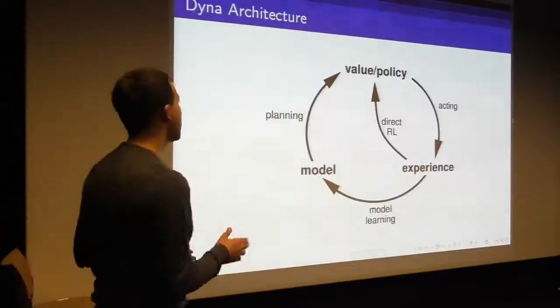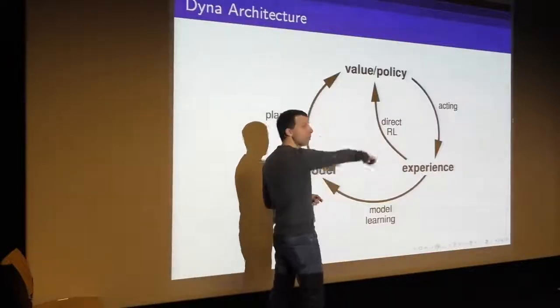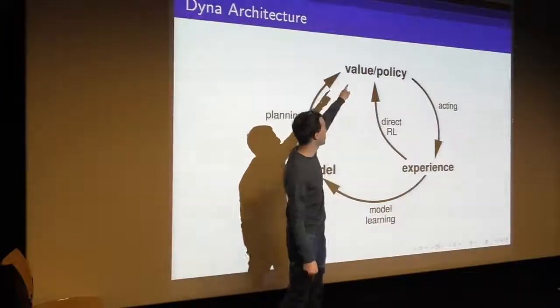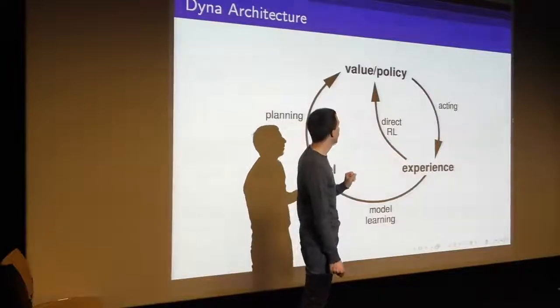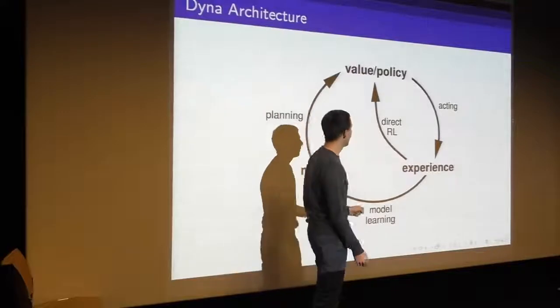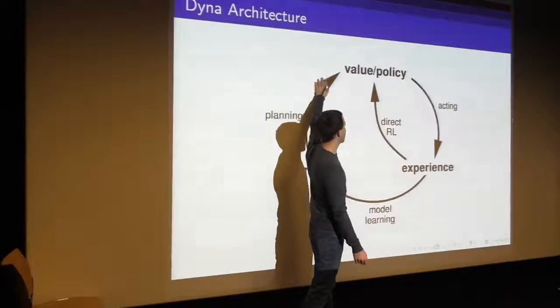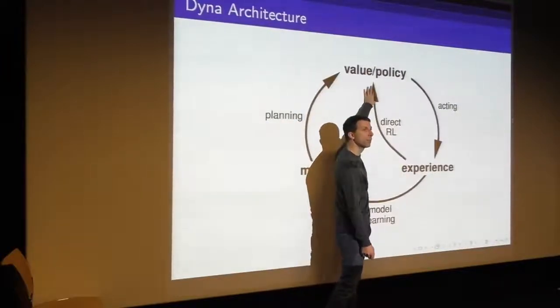So it looks a little bit like this, where we've basically taken our model-based reinforcement learning loop, where we went from experience, learned a model, planned with that model to give us a value function, and acted with that in the real world to generate more experience. And the thing which we've added in is this arc here, where we've now said that in addition, we don't just learn our value function by planning with the model, we also learn our value function directly from the real experience in the real world.